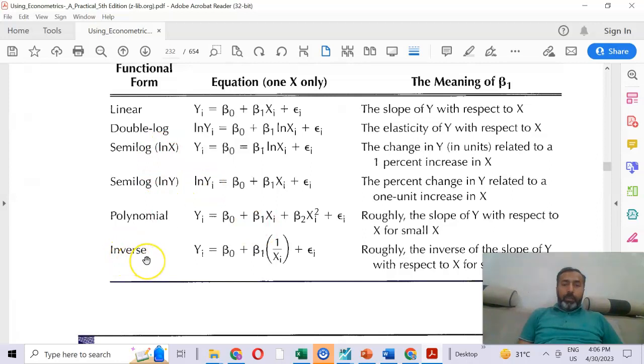And then the last form is the inverse form, in which we run the equation yi is equal to beta naught plus beta 1 into 1 over x1 plus error term, and we interpret roughly the inverse of the slope of y with respect to x for small x.